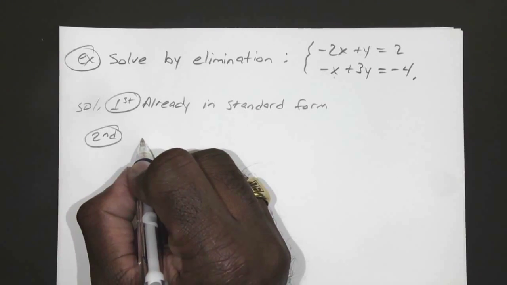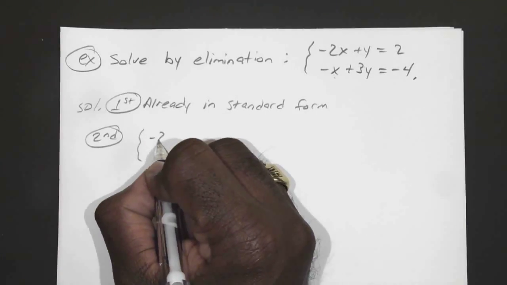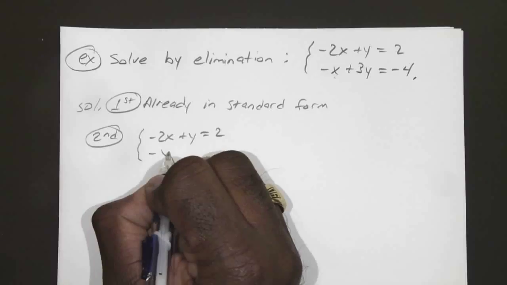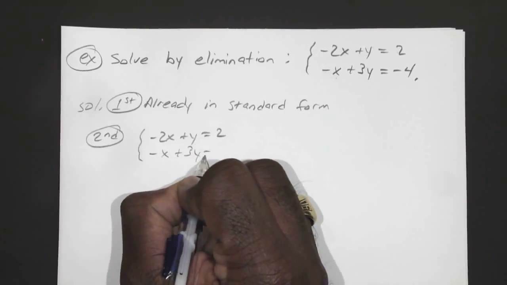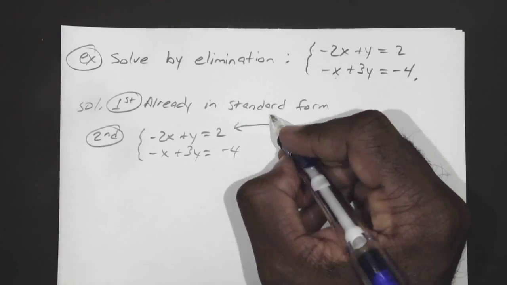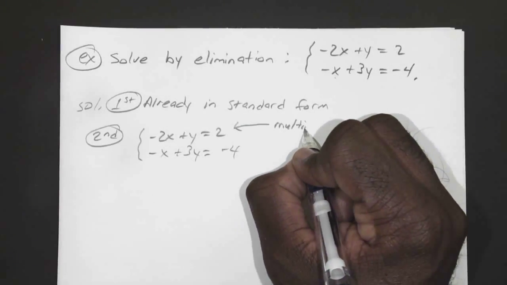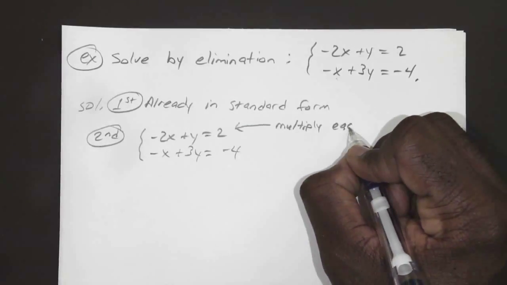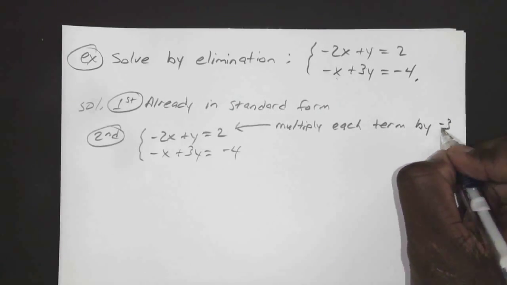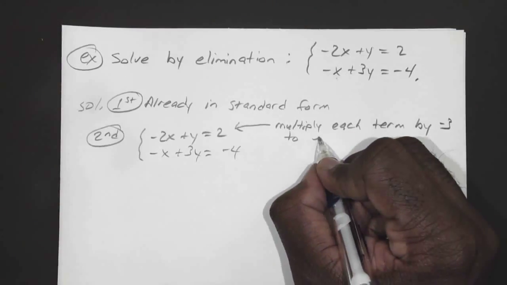So let's say if we have negative 2x plus y equals 2, and negative x plus 3y equals negative 4, we'll pick the first one and multiply each term by negative 3 to eliminate the y.